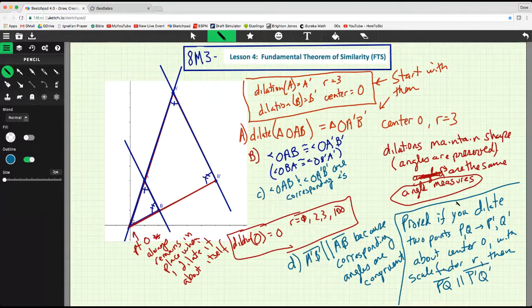Very powerful. The other half, that A prime, B prime is the length of AB times the scale factor, is something that we gave you earlier in 8M3, and we're not going to prove that today. Okay, very cool, very powerful.